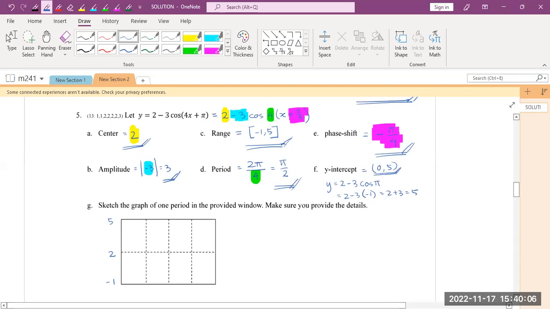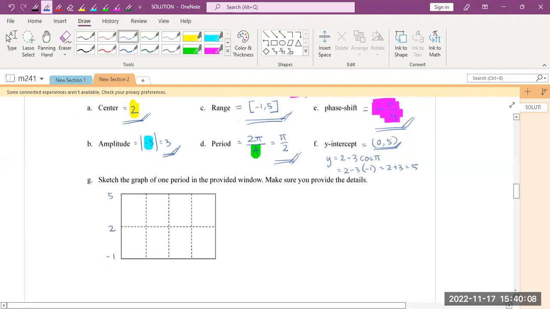Okay. The phase shift, let's go to this graph here. The phase shift is negative pi over 4. That's where we start. Okay, and then the period is pi over 2. Means from here, negative pi over 4, we add pi over 2. Then that one cycle we finish at, well, in this case will be pi over 4 also.